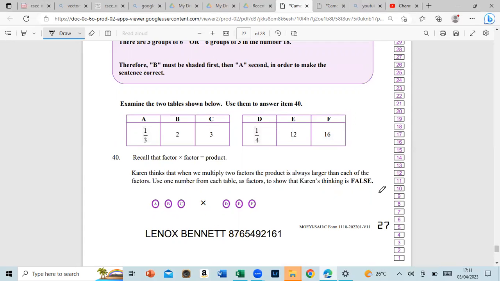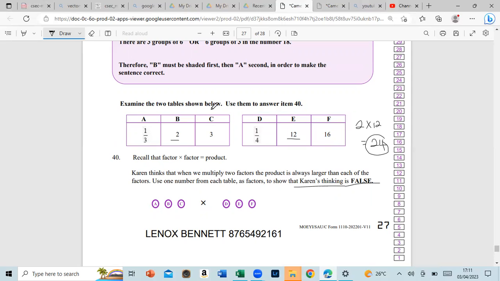So let us take, for example, what they're trying to say. Say we say 2 times 12. Just to show you an example, what they're saying is equal to 24. So notice they are saying the product, which is 24, is larger than both of these, right? So they wanted to show that Karen's thinking is false.